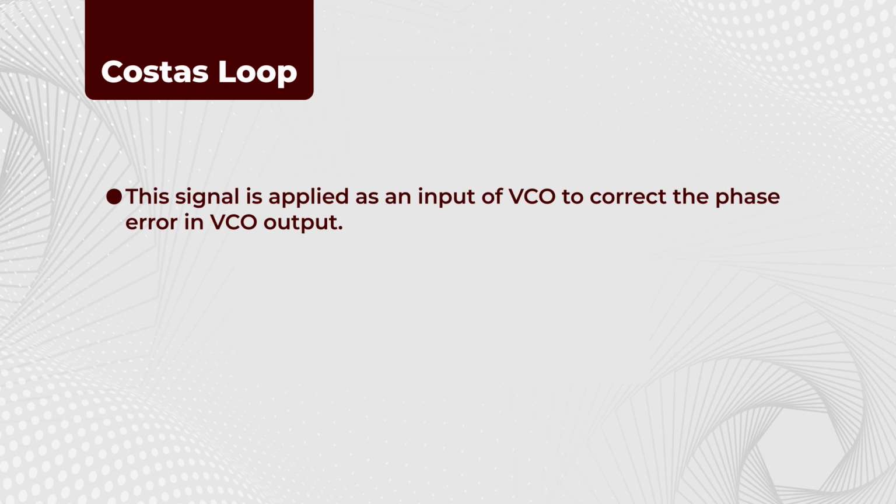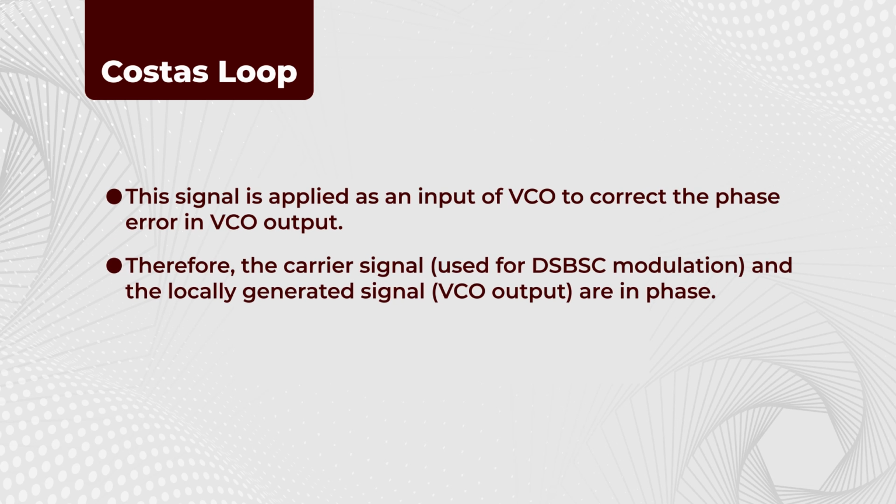This signal is applied as an input of the VCO, or voltage controlled oscillator, to correct the phase error in the VCO output. Therefore, the carrier signal used for double sideband suppressed carrier modulation and the locally generated signal, that is the voltage controlled oscillator output, should be in phase.